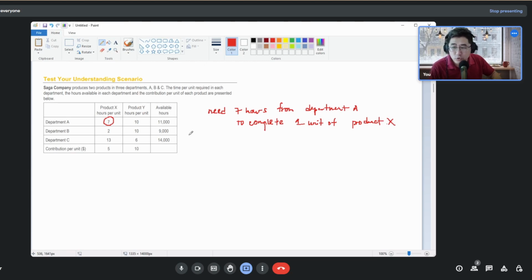Okay, so contribution per cost. Let's see what are the things that we can ask from here.